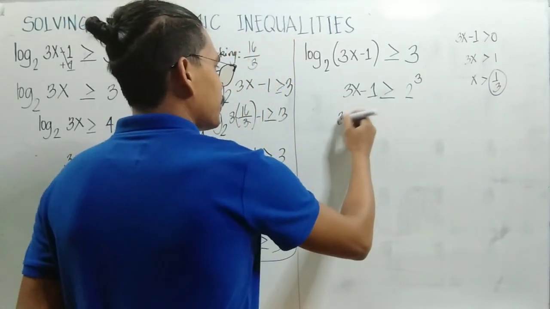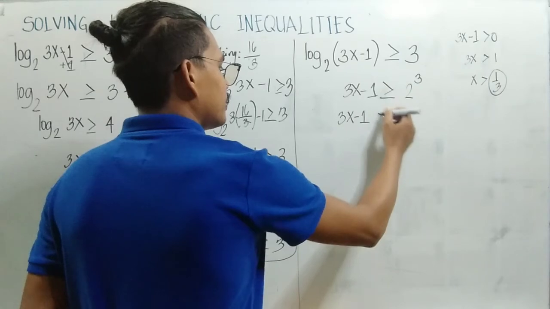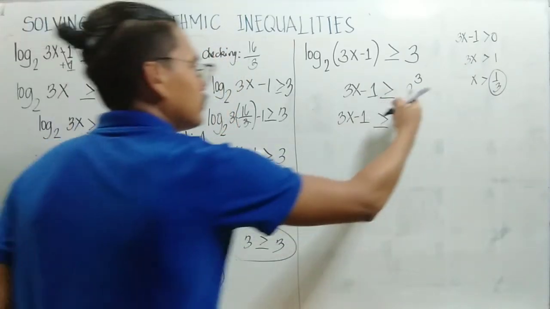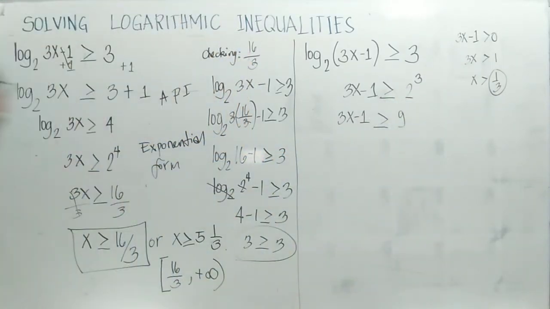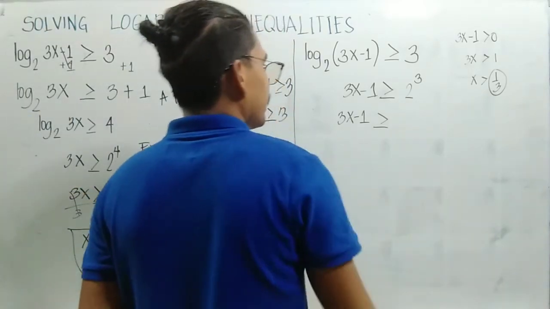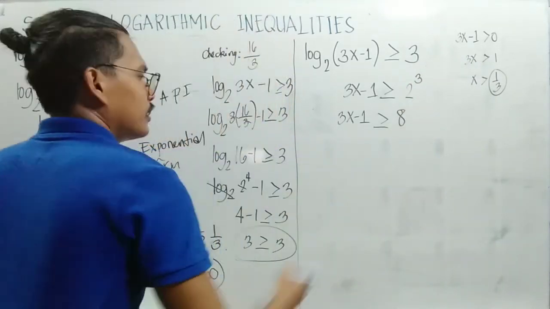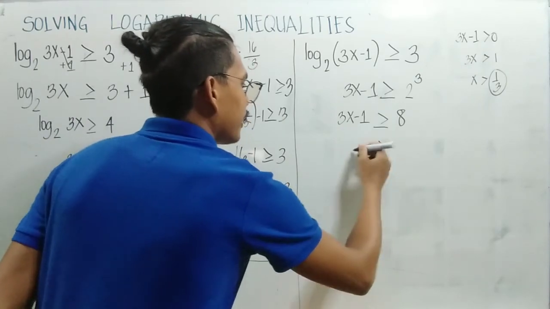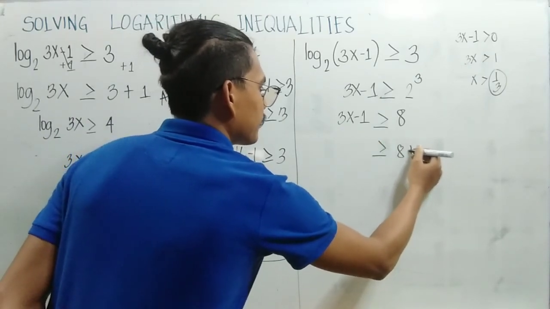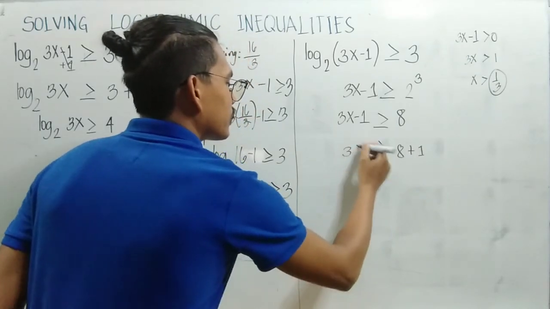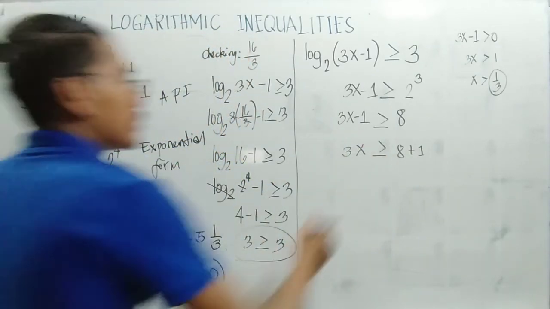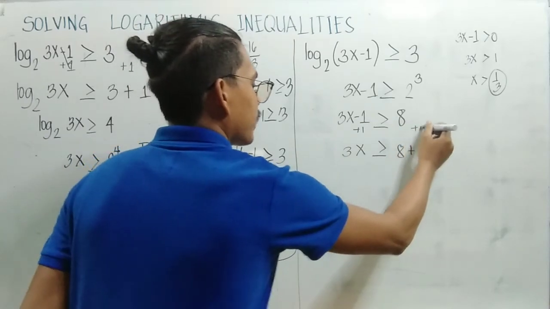Continuing, we have 3x minus 1 is greater than or equal to 2 cubed, sorry, not 9. 2 cubed is 2 times 2 times 2, which is 8. Continuing, we have 8 plus 1, then we have 3x in here. So plus 1 in here, plus 1 in here.